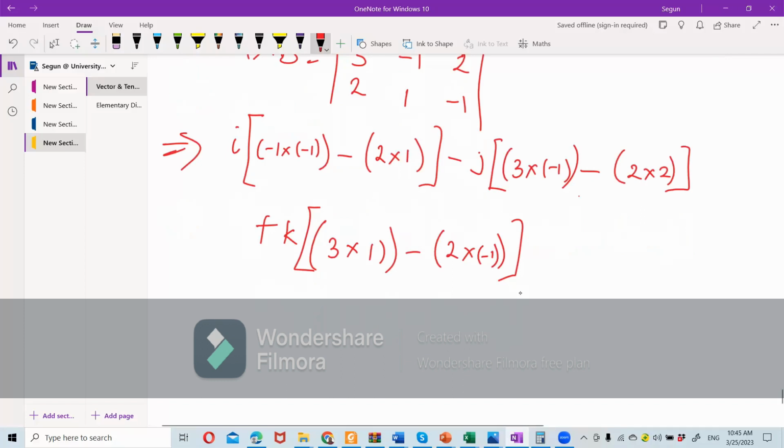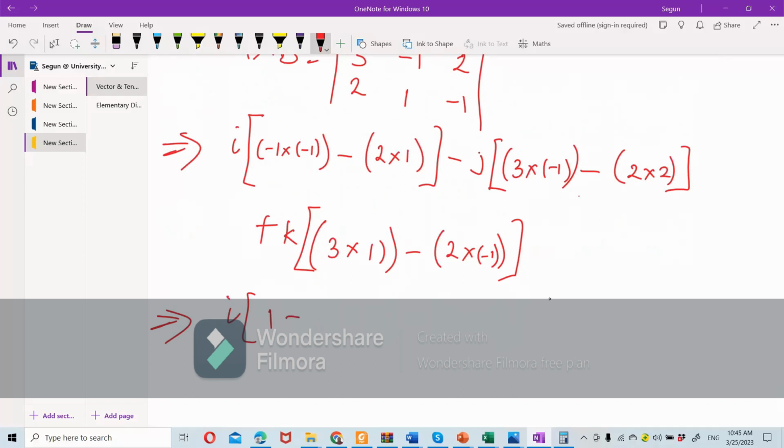So we can write this one out. What do we have in this case? Let's look at the I. Let's solve the I. Negative times negative, 1. Minus 2 times 1, 2. Any question?